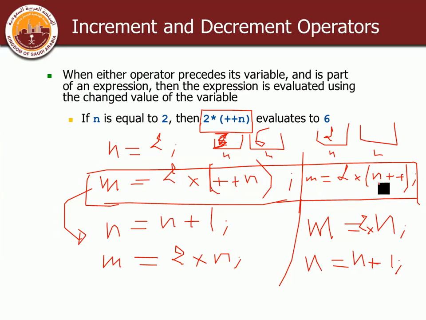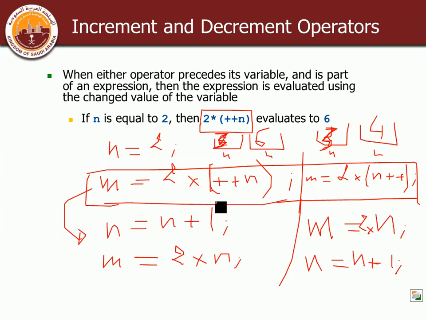Now if I'm doing the opposite, with n plus plus, then 2 multiplied by n, what's inside of n? 2. So this is going to be 4. And then n plus 1, 2 plus 1, so n is going to become 3. So you see, for n it doesn't change, because it's the same thing. But for m, it is different based on the order of the plus plus.